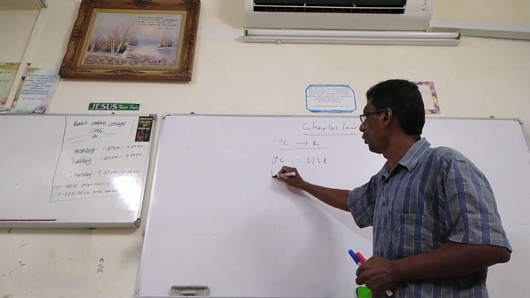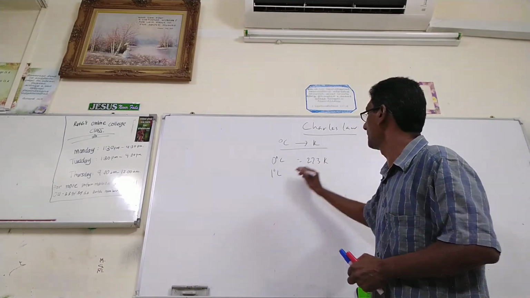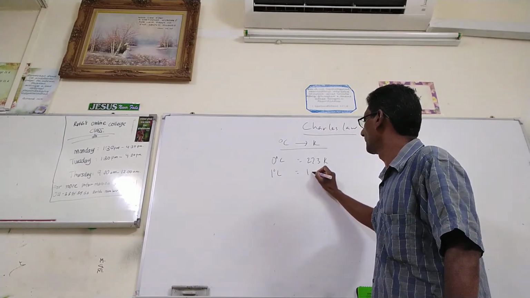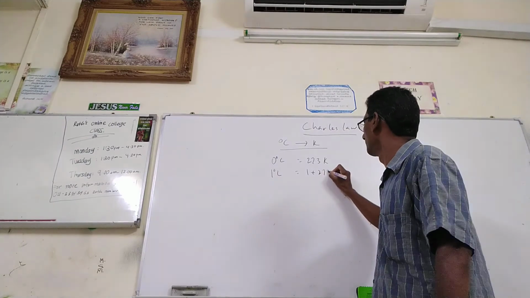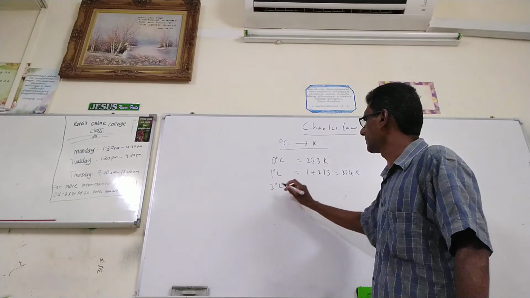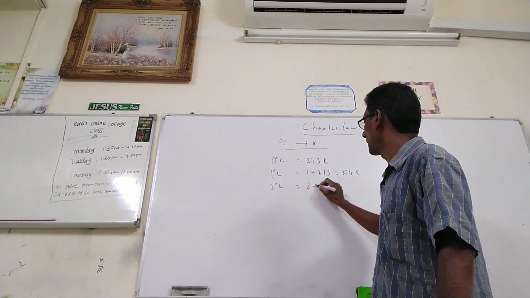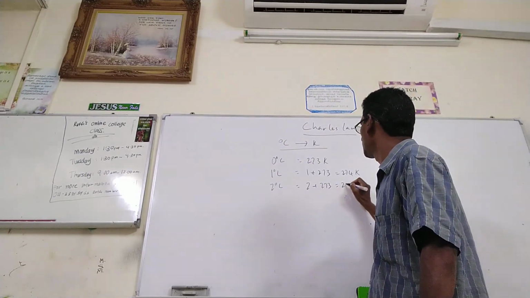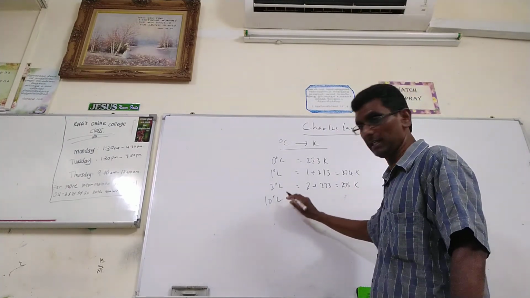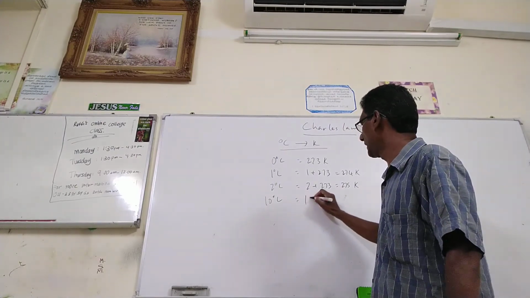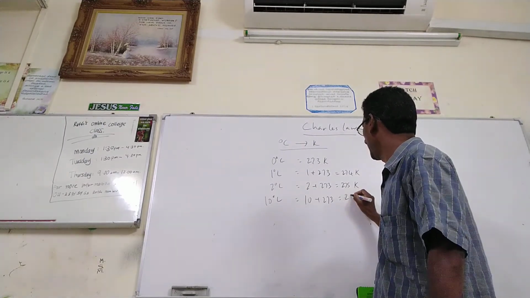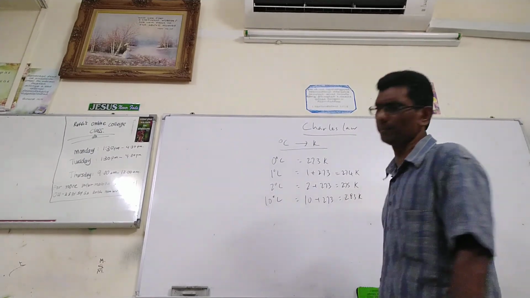Increase by 1 degree Celsius, 1 plus 273 equals 274 Kelvin. 2 degrees Celsius, 2 plus 273 equals 275 Kelvin. 10 degrees Celsius, 10 plus 273 equals 283 Kelvin.